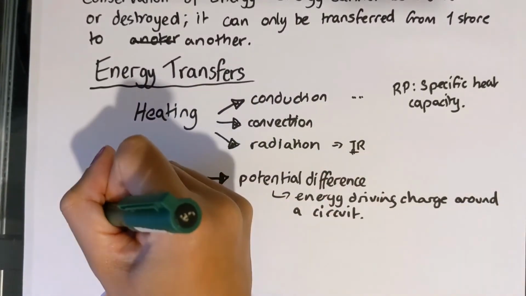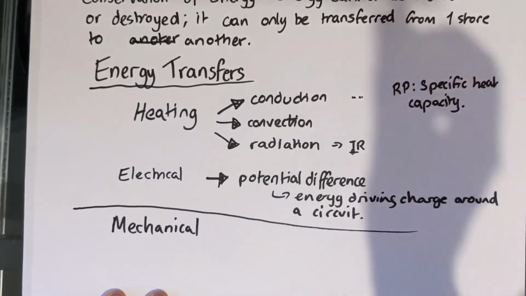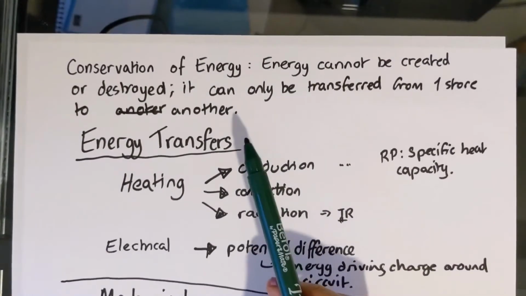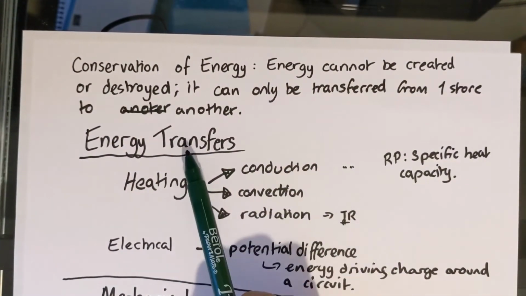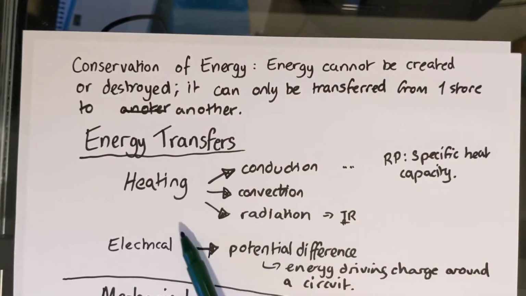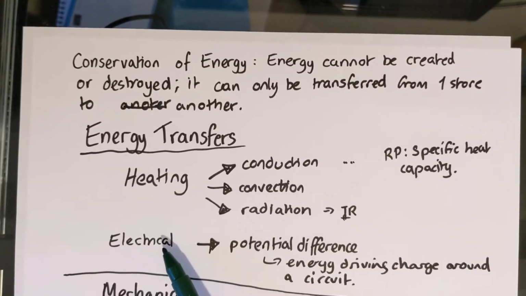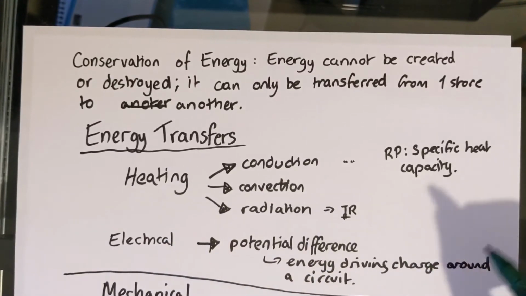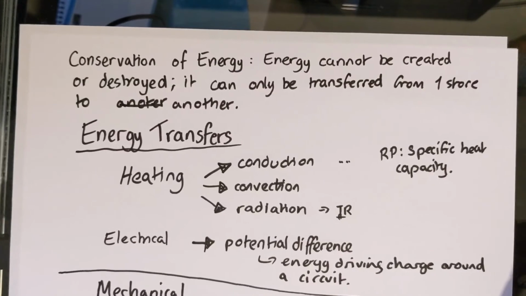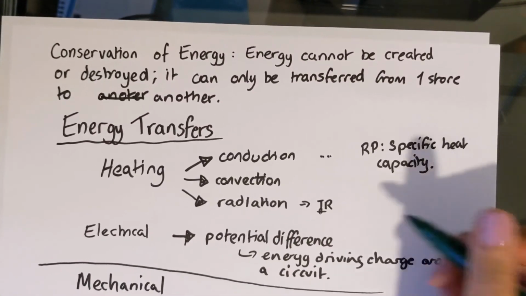So let me just go back a second, because we've done energy stores, we've done conservation of energy, we've done energy transfer by heating, and we've done energy transfer by electrical means. We've then gone on to learn all about electrical circuits in the home and electricity in the home.